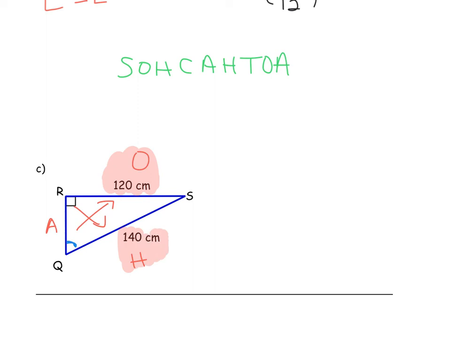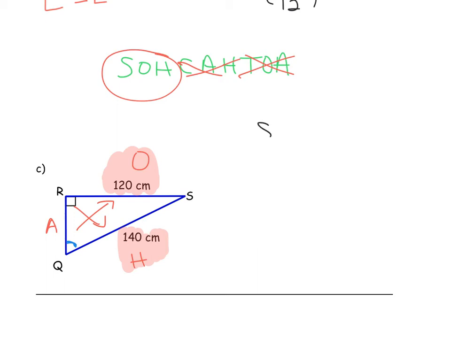And so I don't know anything about my adjacent side, which means that cosine's out of the question, and tan is out of the question, and I should have used the sine function. Hopefully you chose sine. If you didn't, you might want to pause the video and start again from here.